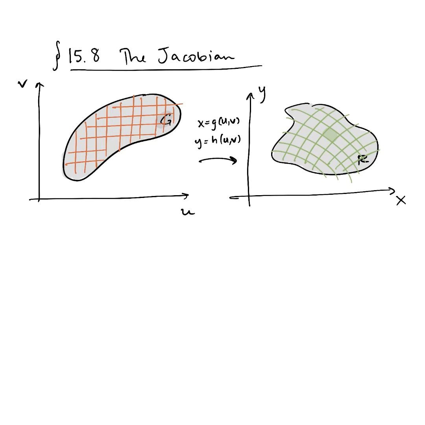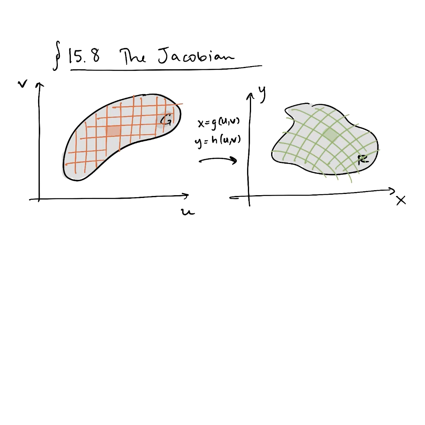Any particular little patch over in R, so you see I've shaded in that green patch there, came from some patch back there in G. So that little shaded red patch in G gets routed through these functions G and H to give you some other little patch, the green shaded one, over on the right-hand picture.